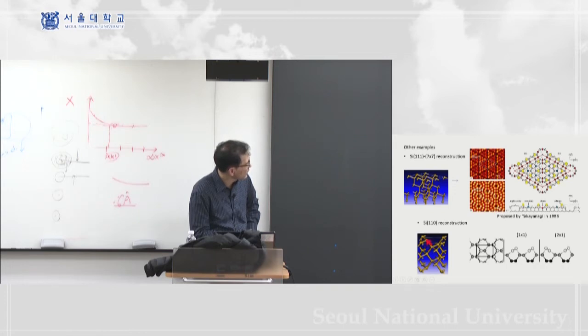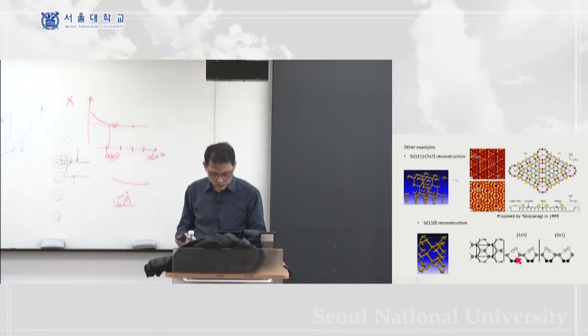It looks more like sp2 bonding rather than sp3 bonding, and so it changes the symmetry that was given by the original bulk-terminated structure. This is the 1 by 1 reconstruction surface, and sometimes the 2 by 1 reconstruction is more stable than this 1 by 1 repetition.